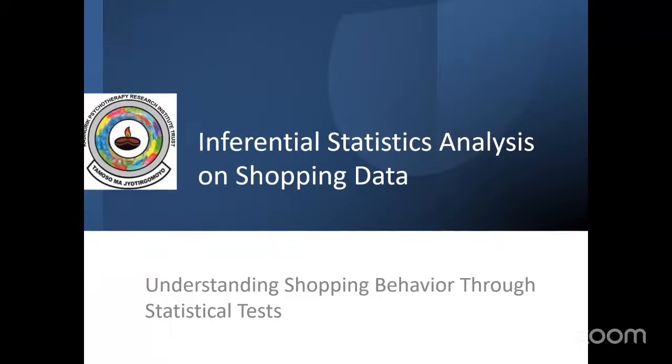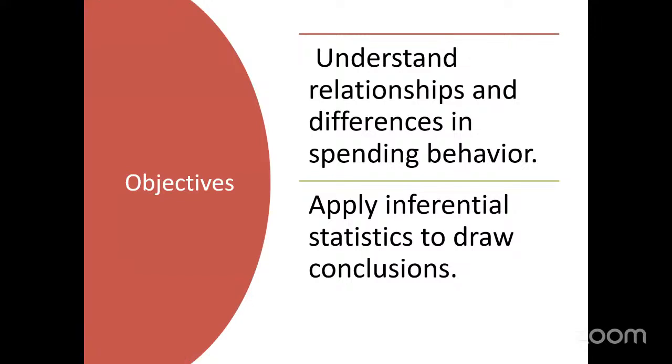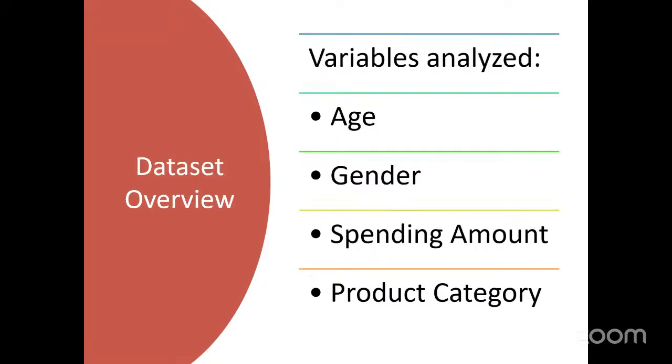Okay, so today we will discuss inferential statistic analysis on shopping data. We have already shared that data with you in the last class, and today, on the basis of that data, we will discuss inferential statistics. The objectives are to understand relationships and differences in spending behavior and apply inferential statistics to draw conclusions.